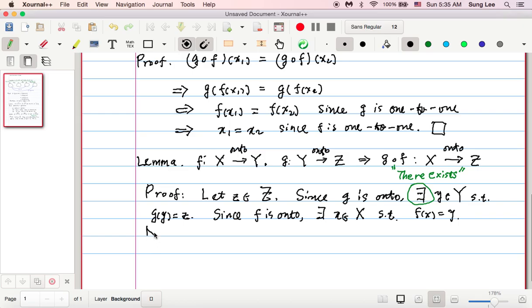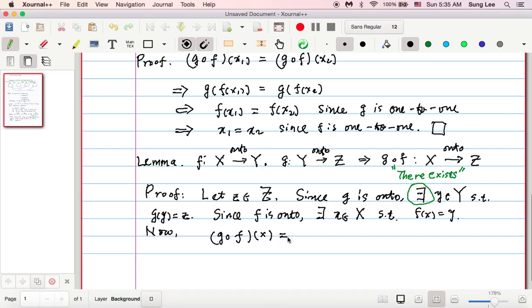Now, let's see what happens when this f followed by g acts on this x value.